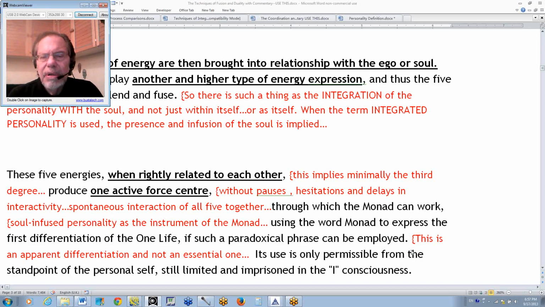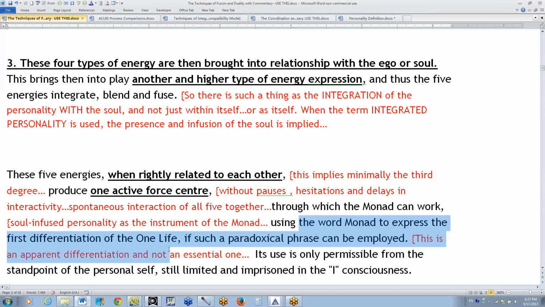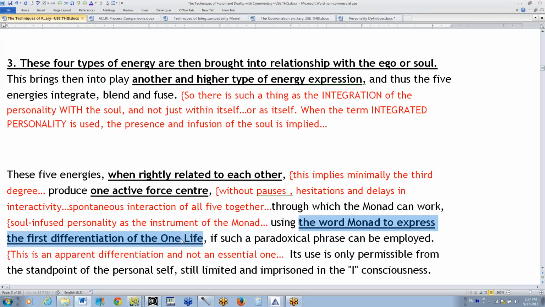So there is no divisibility of the essence, and yet, as Master Mora tells us, there is, for practical purposes, the divisibility of the spirit. We are distinct, and yet essentially we are not.